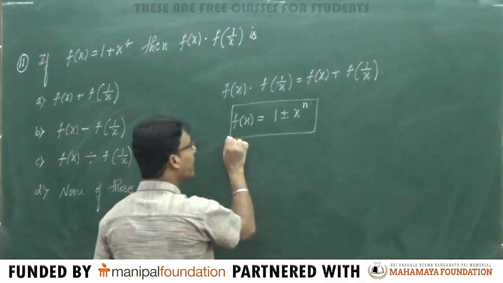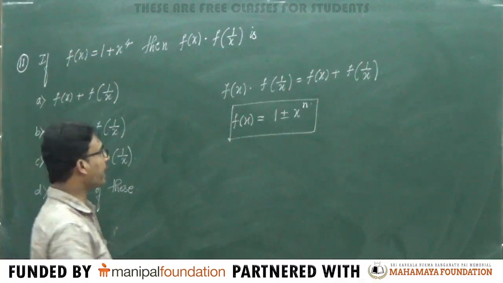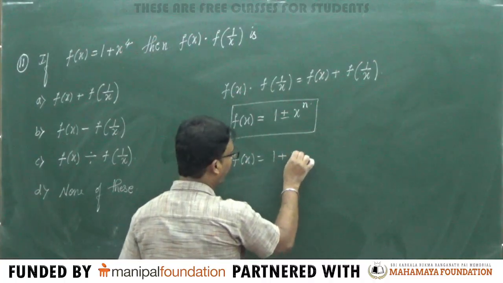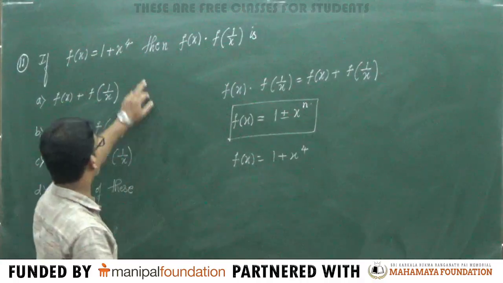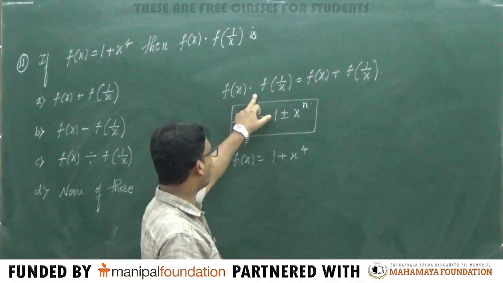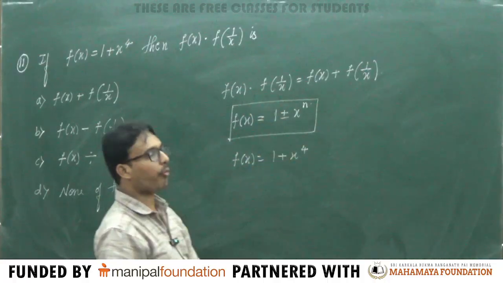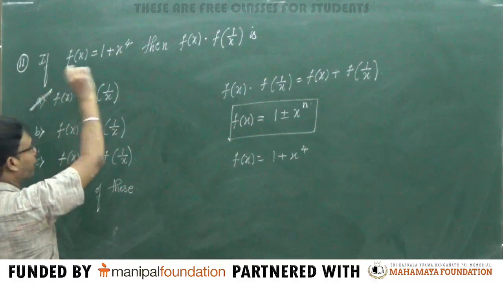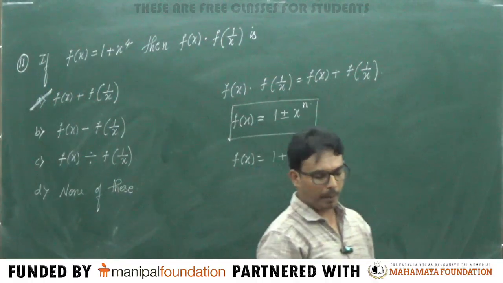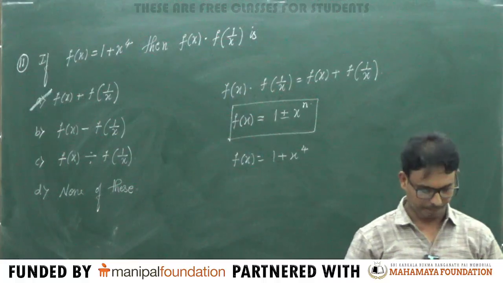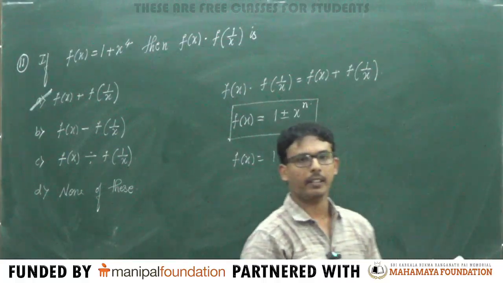Please remember this formula. In this case, they gave the value of f of x as 1 plus x raised to 4, that is, the value of n is 4. Therefore, the value of f of x into f of 1 by x is f of x plus f of 1 by x. So the correct answer is option A. This problem is based on the functional equation. Next problem.